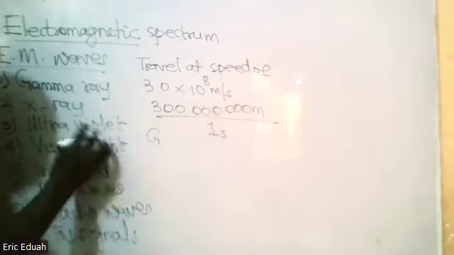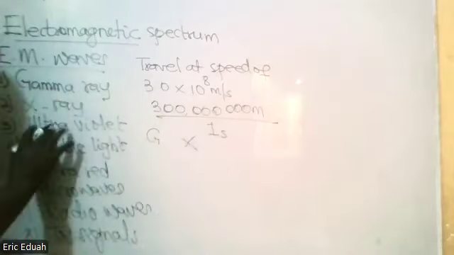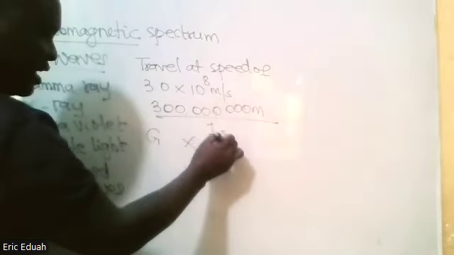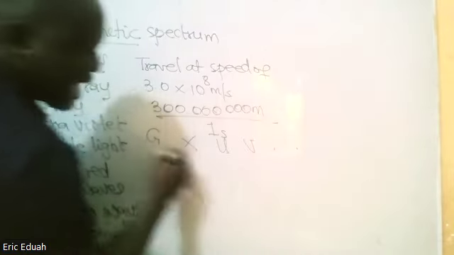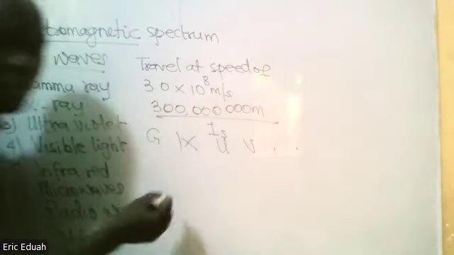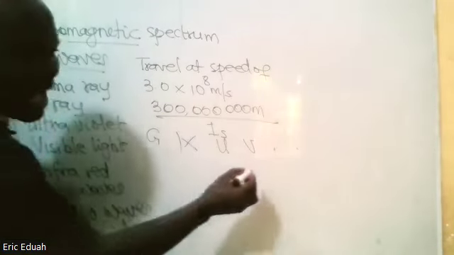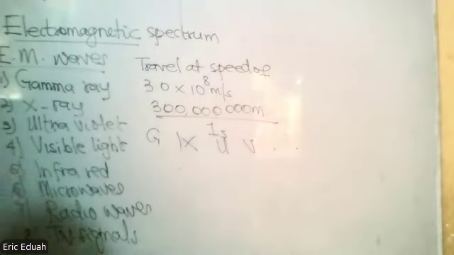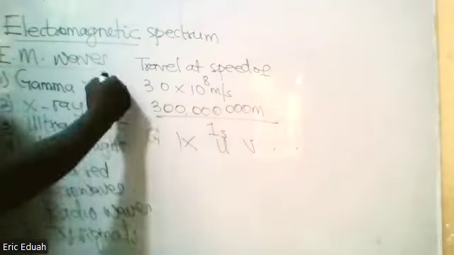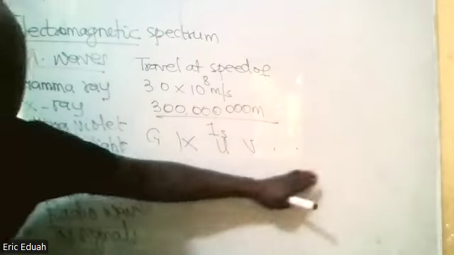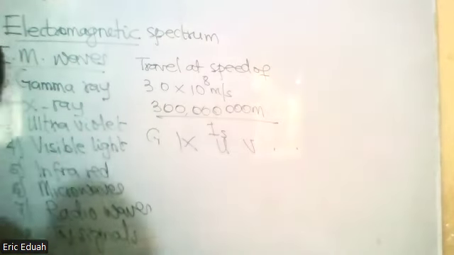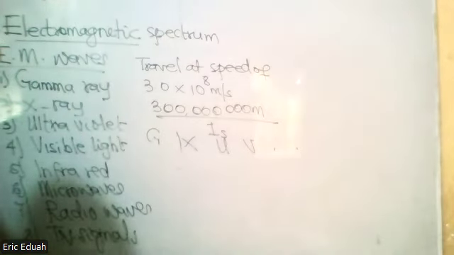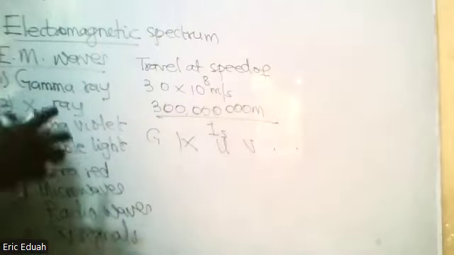Gamma ray, followed by X-ray, followed by UV, visible light, infrared. So they are arranged on a table based on their wavelength and frequency. Arrangement of these waves on a table based on these features, their wavelength and frequency, is what we describe as the electromagnetic spectrum.